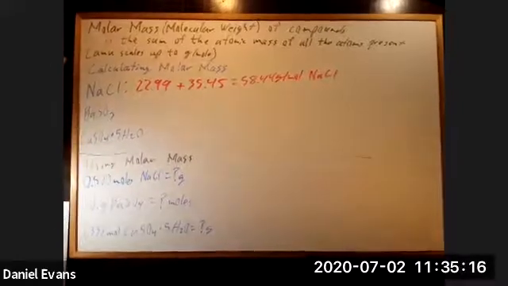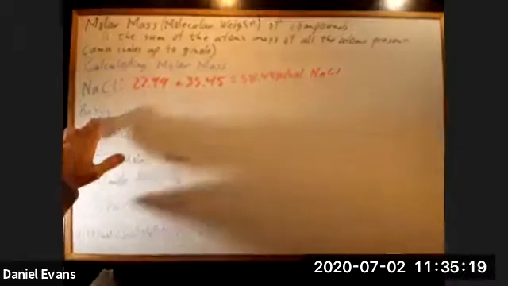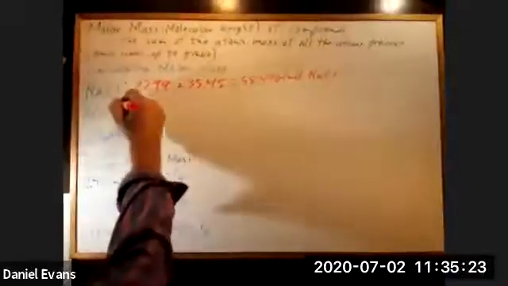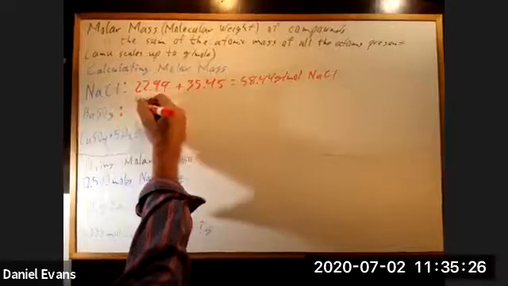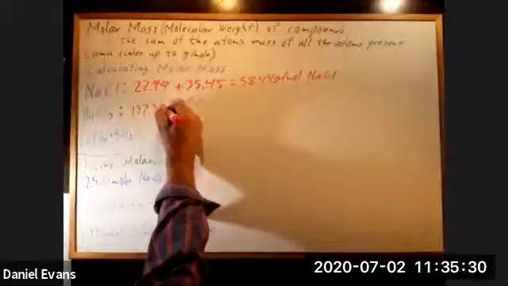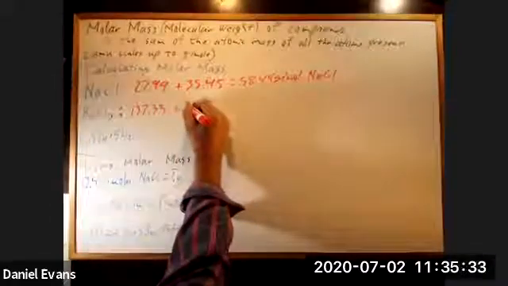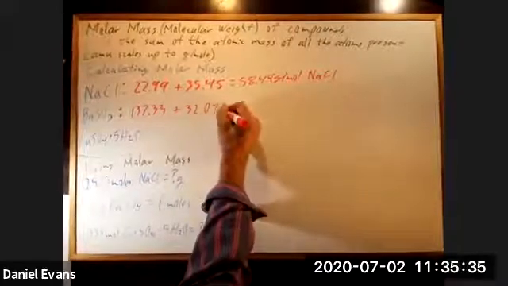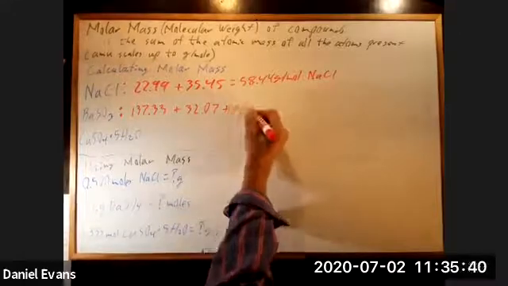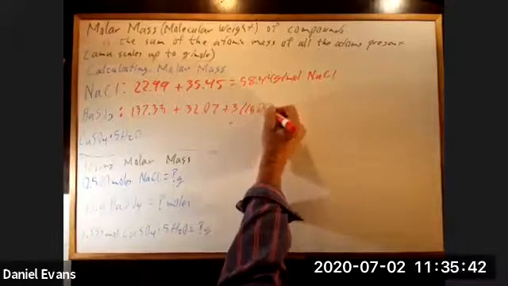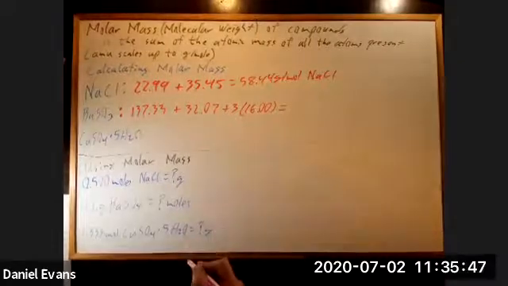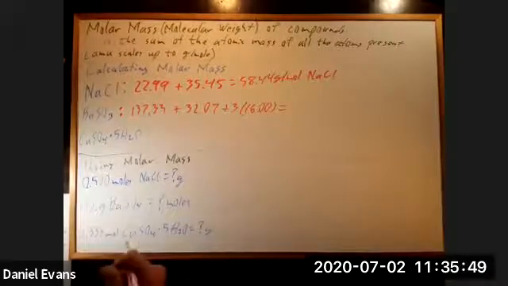Barium sulfate, we're going to add up 1 barium, 1 sulfur, and 3 oxygens. We run this through our calculator and we end up with, ooh, let me grab my calculator.